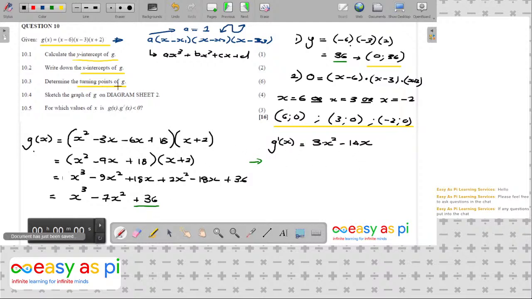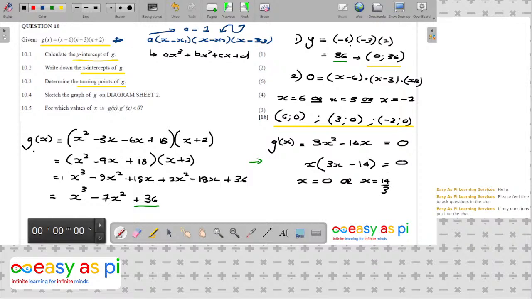And if we need to find the turning points, we're going to equate that to 0. Then we'll notice that we can pull out a common factor of x here. So we get x into 3x minus 14 is equal to 0. And then we get x is equal to 0 or x is equal to 14 over 3.